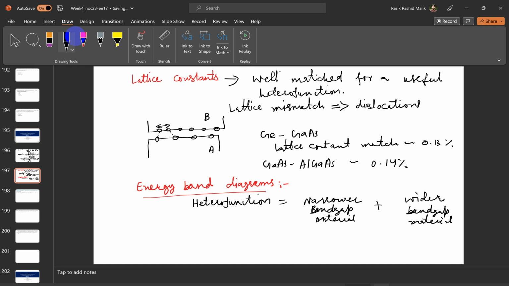Okay, so the alignment of these band energies is important, because that will ultimately determine the characteristics of the junction.